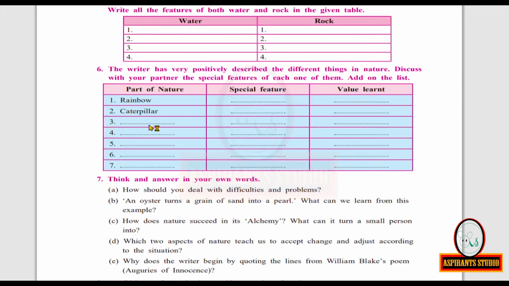The third one is hibiscus flower. Right? Optimism, cheerfulness. And a value learned, right?